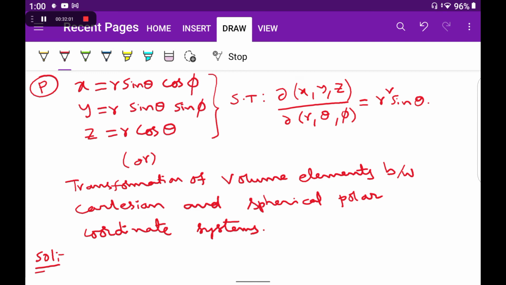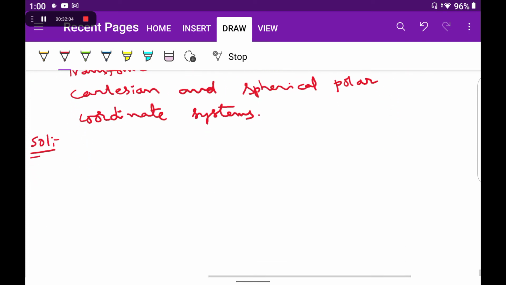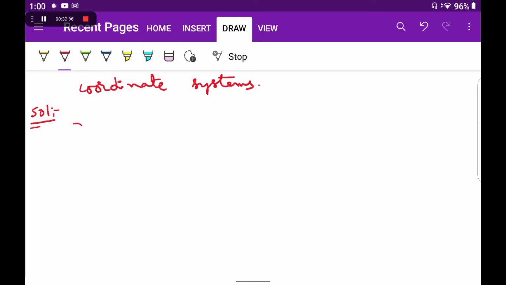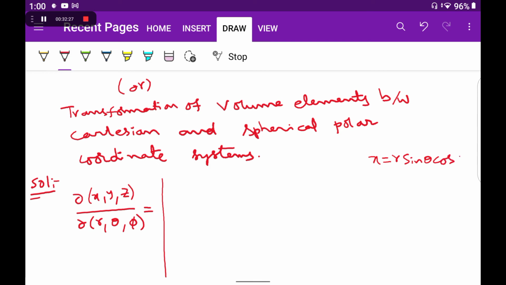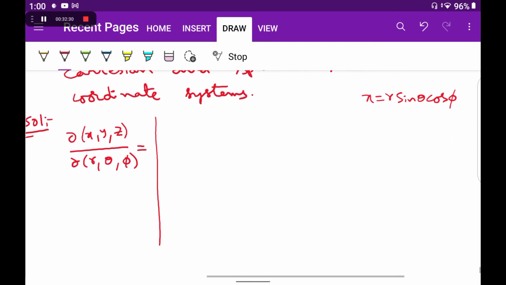Then what you have to do is dou (x, y, z) by dou (r, theta, phi), which is a determinant again. Here x is r sin theta cos phi. So the first thing is dou x by dou r, right?